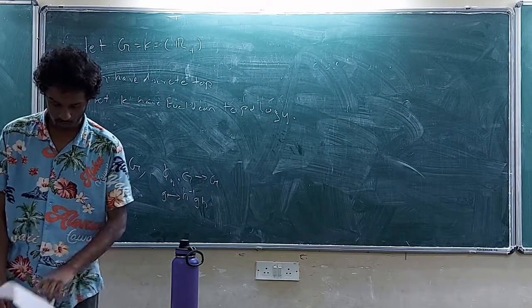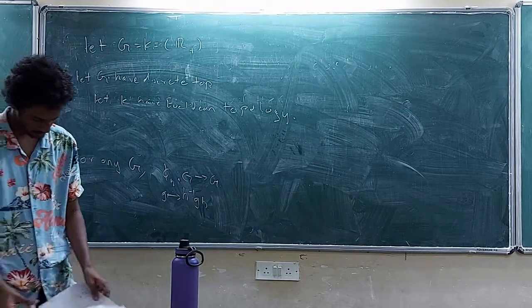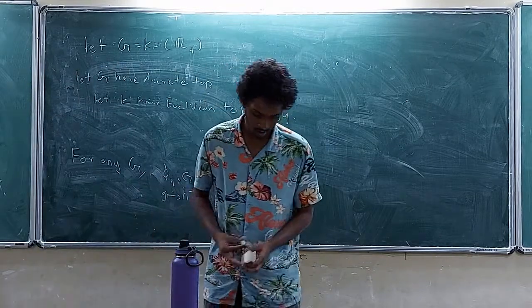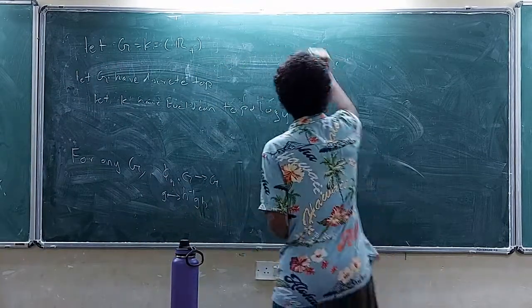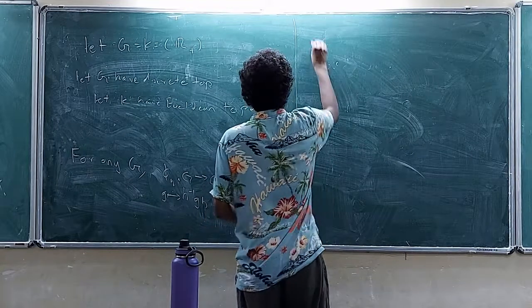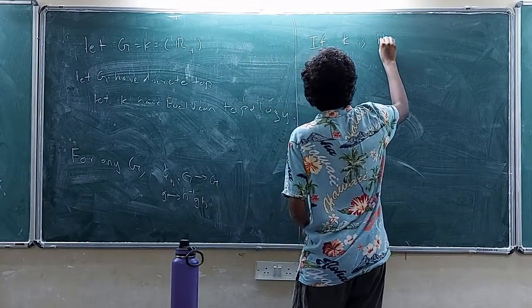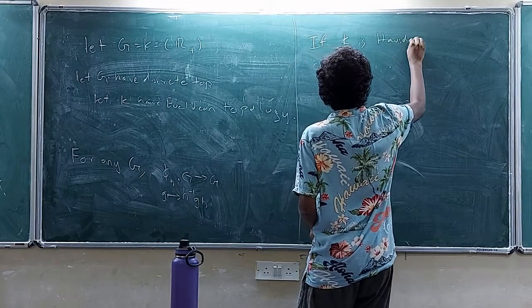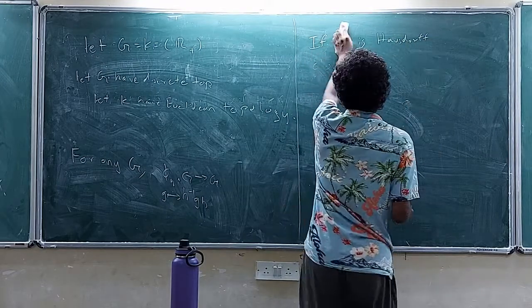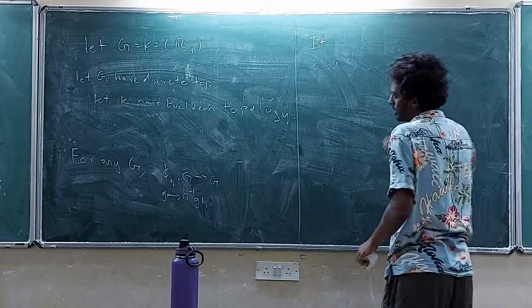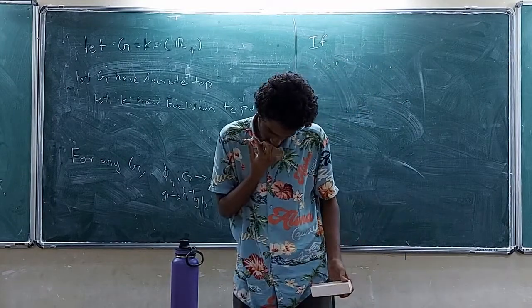Right. So now, from this previous thing that we had, if K is Hausdorff. Oh, okay. I think my G was supposed to be Hausdorff here.